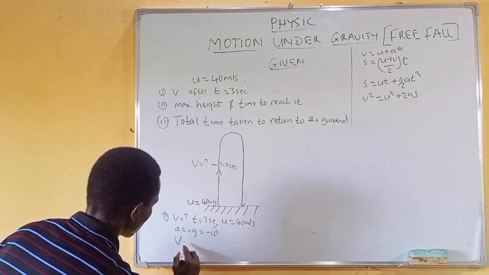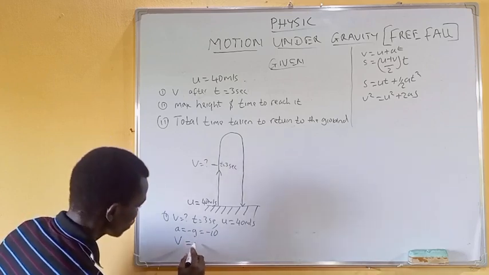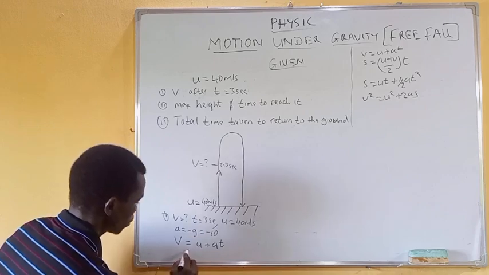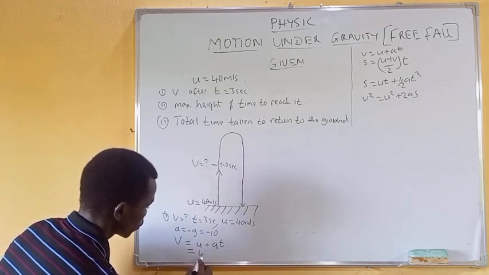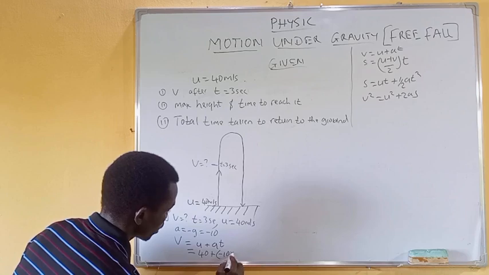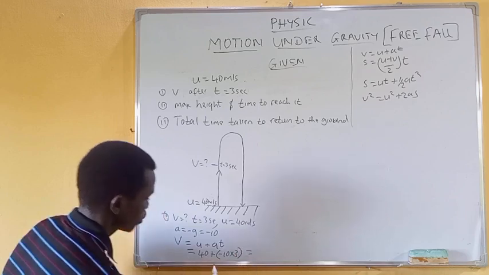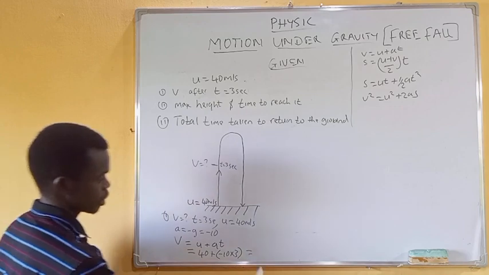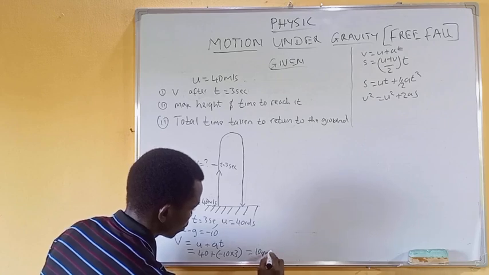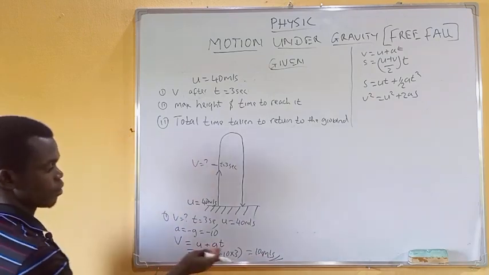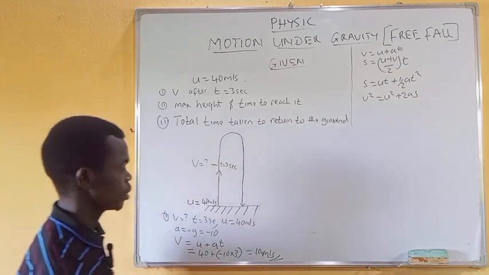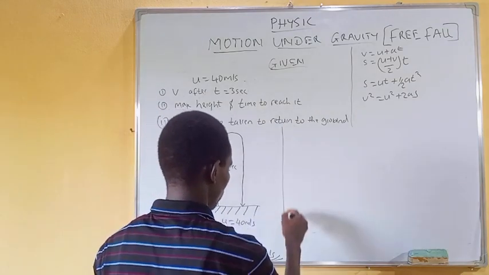So velocity is equal to U plus AT, which is equal to 40 plus bracket negative 10 times 3. We have 40 minus 30. We have 10 meters per second. This is our velocity at time 3 seconds. Let's go to question 2.